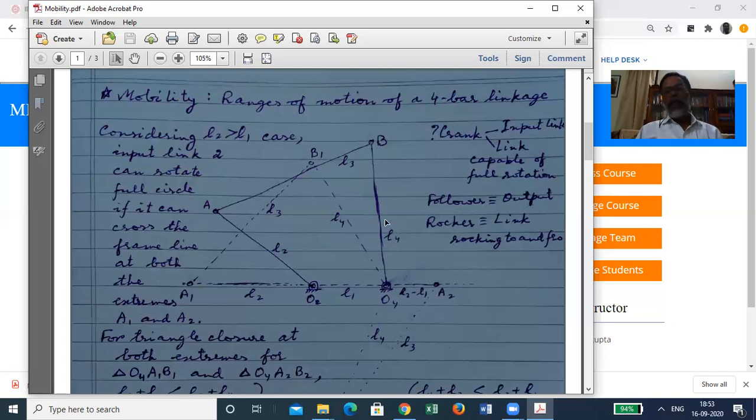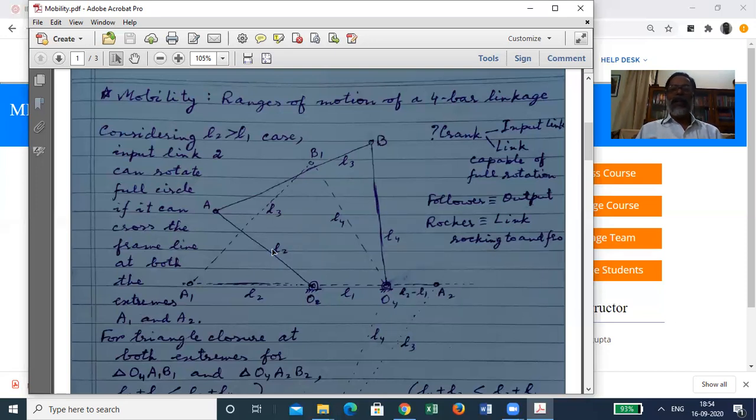Okay, so this will be the output link, and from here the purpose of the mechanism will be served. But sometimes you need to accomplish some task for which you need this to be the output link. Okay, we will see when we reach the topic of synthesis. But typically, this is the follower.